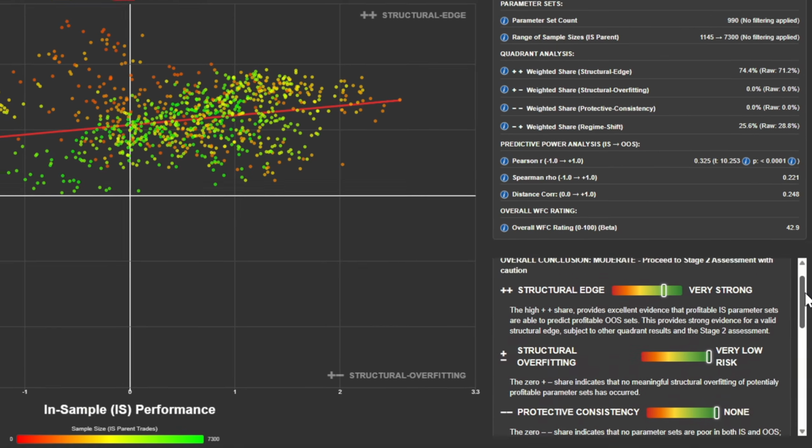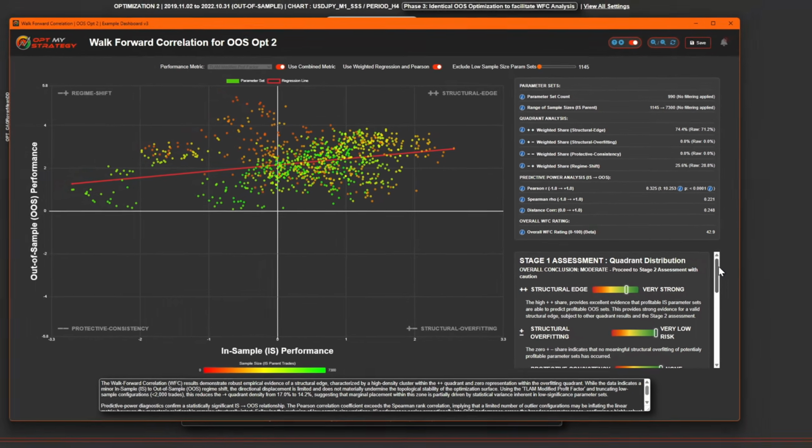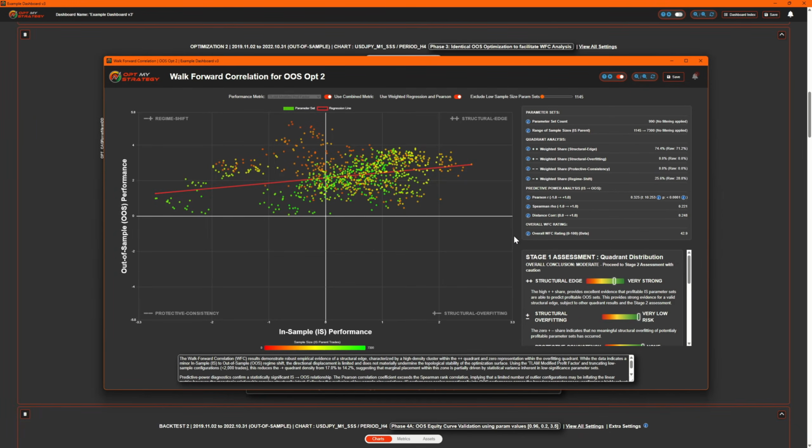And so this gives you higher confidence in your optimization results, a clearer understanding of your strategy robustness, protection against using overfitted results, and a professional grade audit trail for your research. Most retail traders never see this level of analysis. It's normally reserved for institutional quant teams, but now it's built directly into OMS.